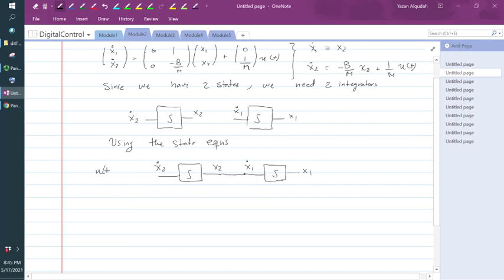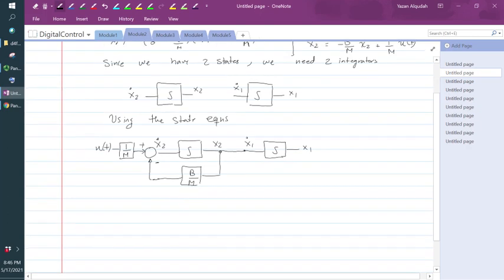So this is u of t, I have to multiply it by 1 over m, and this is positive, and then I have negative b over m multiplied by x2. So I can take x2, multiply it by b over m, and then add it with a negative sign, to obtain x2 dot. x2 dot is equal to u of t multiplied by 1 over m minus b over m multiplied by x2, which is what I have in the equation there.